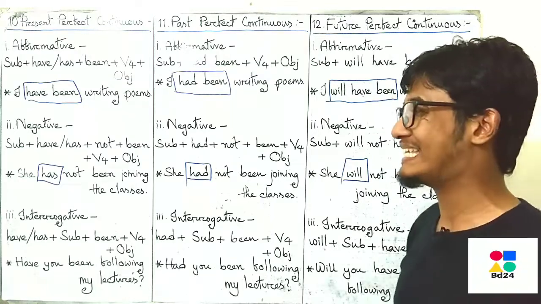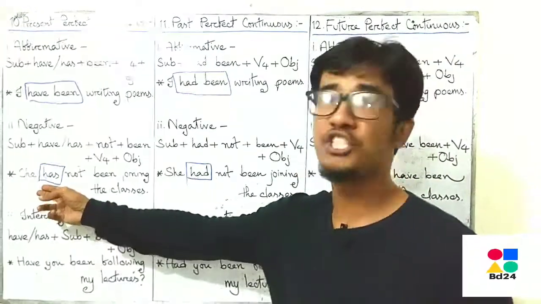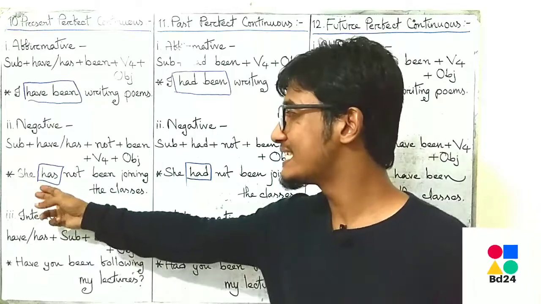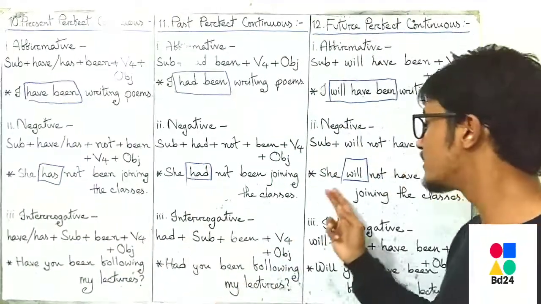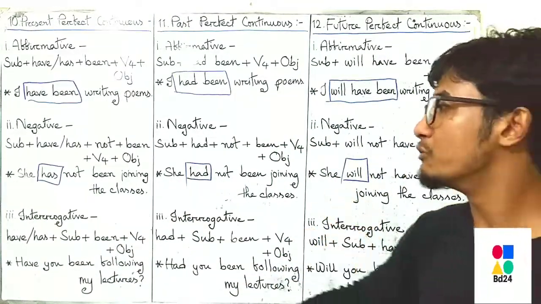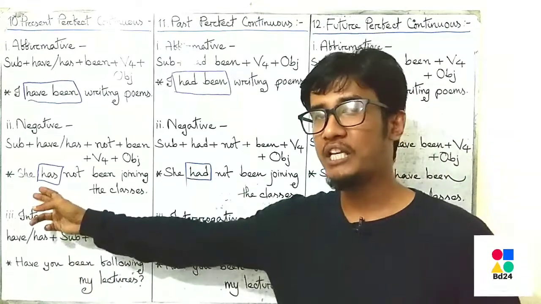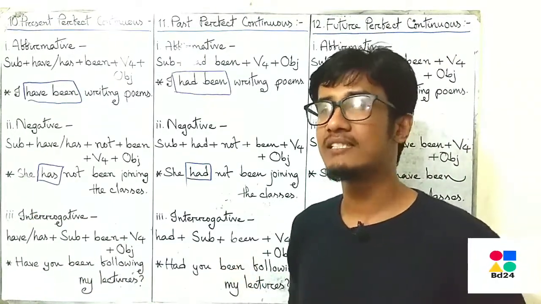So you easily can see that there are some changes in auxiliary verbs only: has, had, and will. If you can use auxiliary verbs properly, you can use negative sentences as well.